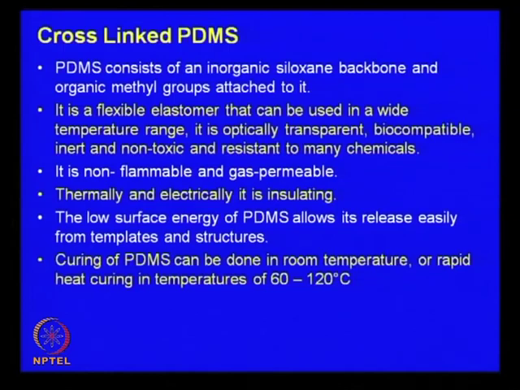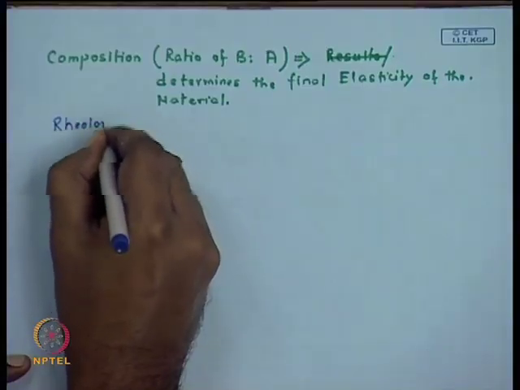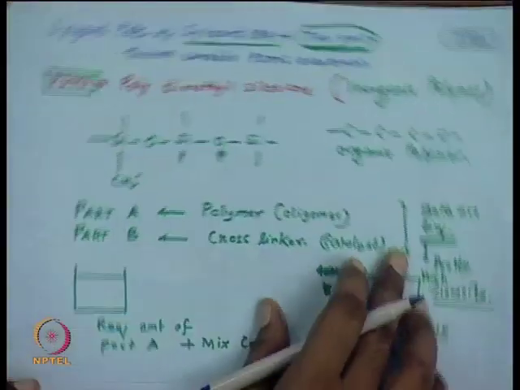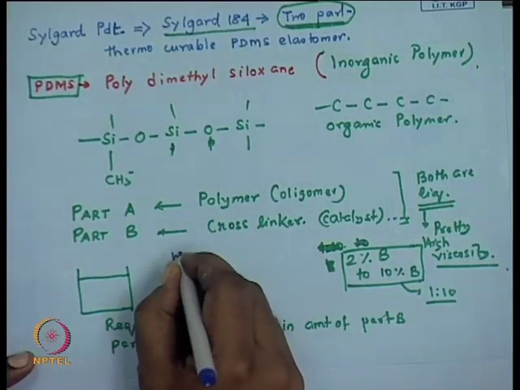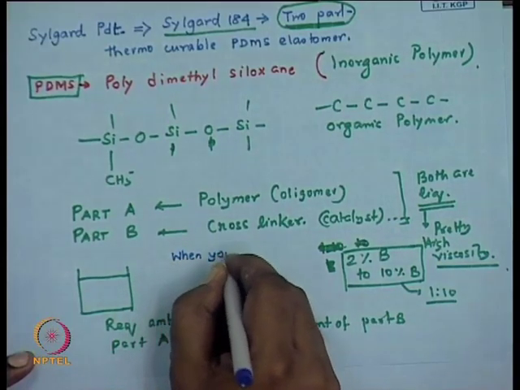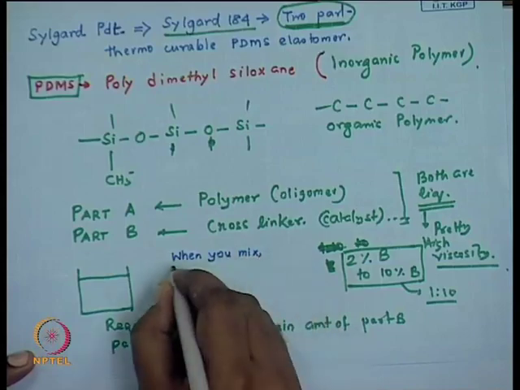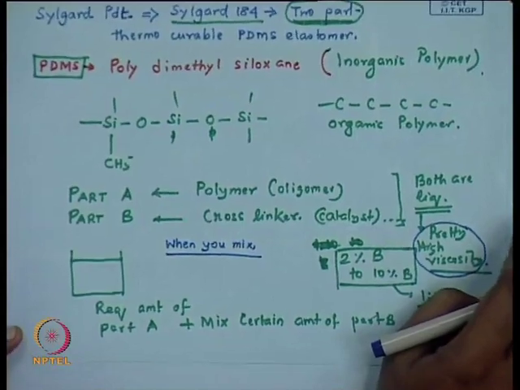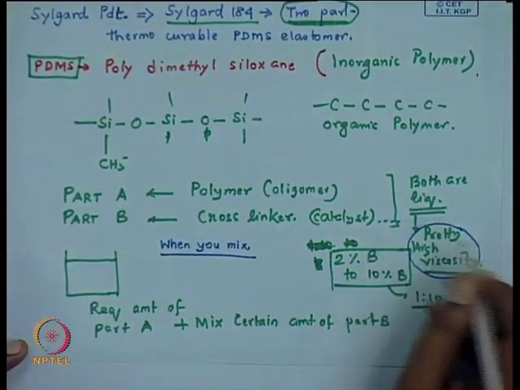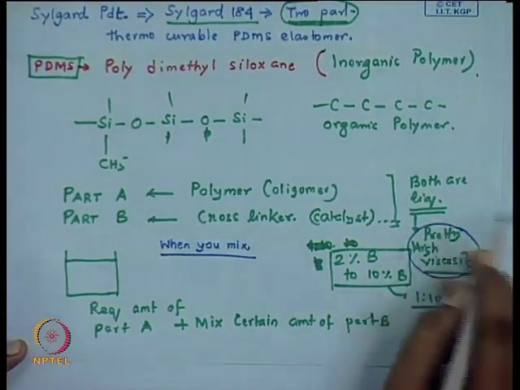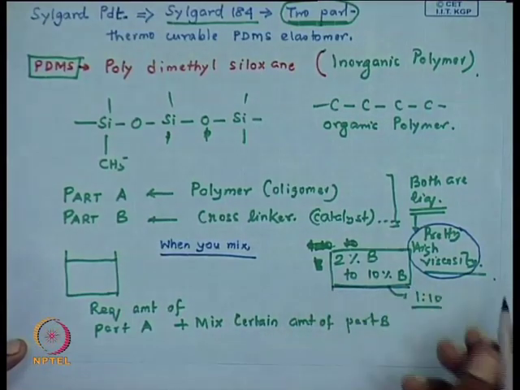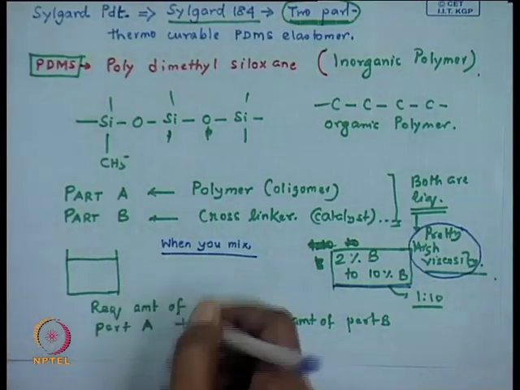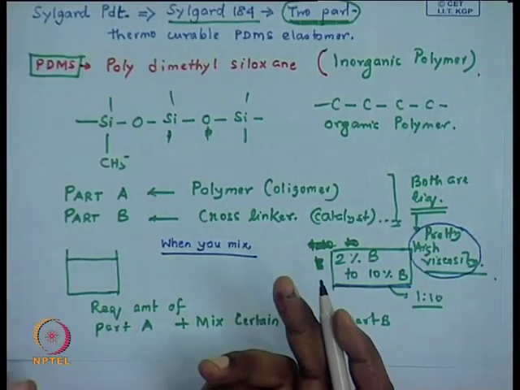Now, rheologically, if you look at this A to B mix, once you mix it, we have said that part A is a pretty high viscosity material, and part B is low viscosity, but since the proportion of part A is definitely going to be higher, the final mix also is a pretty high viscosity material.